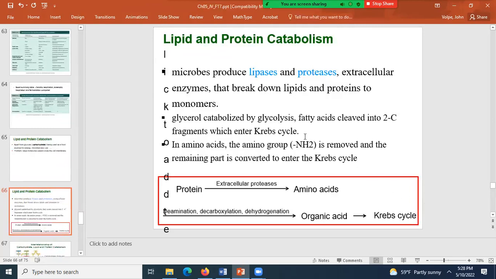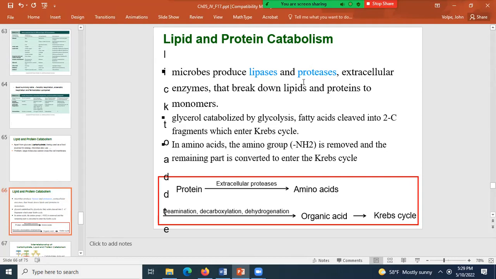And that's shown here. The microbes will produce lipases and proteases, digesting these molecules extracellularly using enzymes secreted outside the cell, and then bring across the monomers, which for lipids will be glycerol and fatty acids.